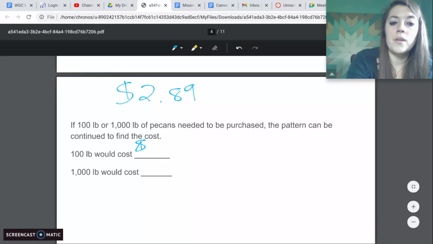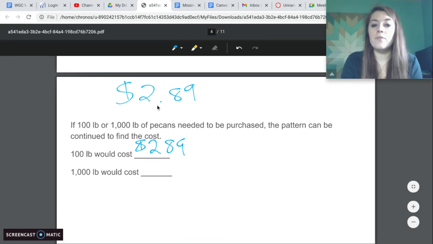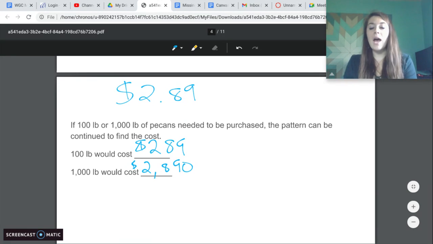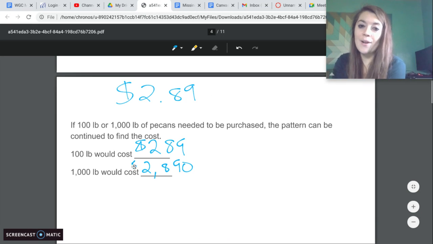So that means it'd be $289. For 1,000, it's going to move it 1, 2, 3 places. So we're going to have $2,890 for 1,000 pounds of pecans. That's a lot of pounds of pecans. So using this pattern makes it easier to multiply.